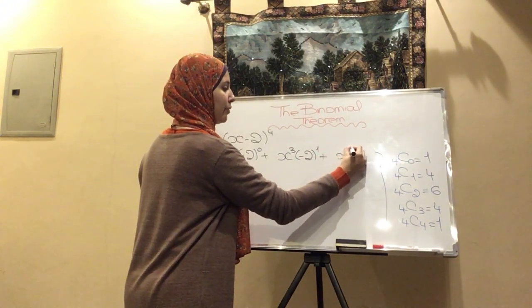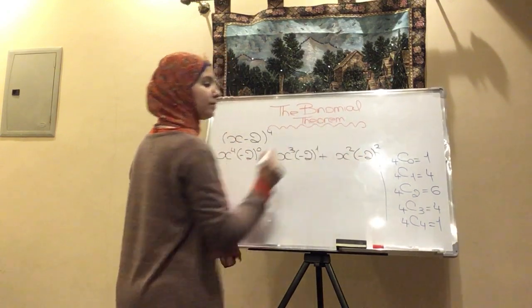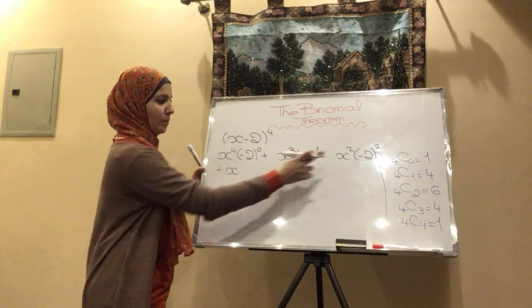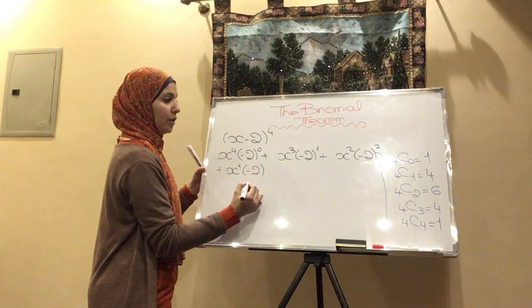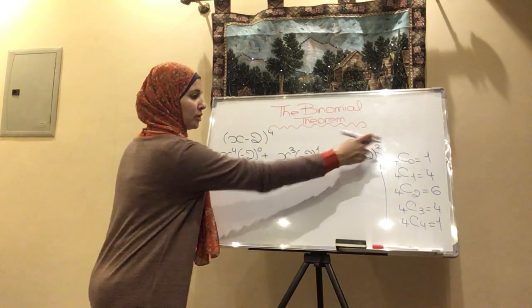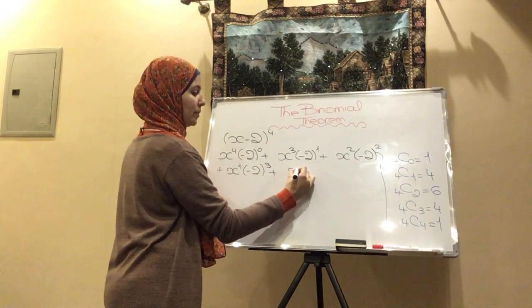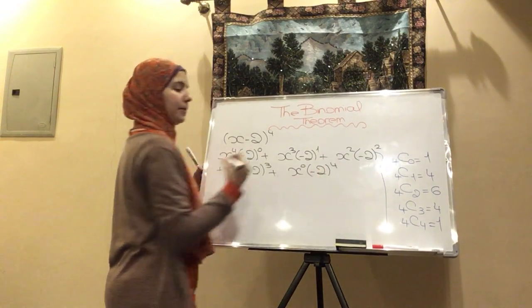X will be to the power 2. Negative 2 to the power 2. Next, what do I have? X will be raised to the power 1. Negative 2 will be raised to the power 3. Plus x will be to the power 0, negative 2 will be to the power 4.